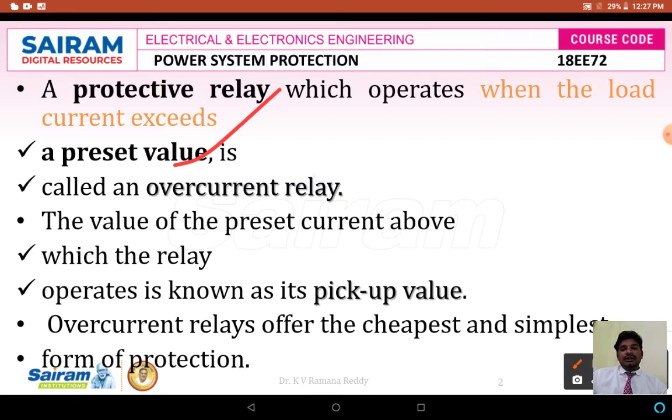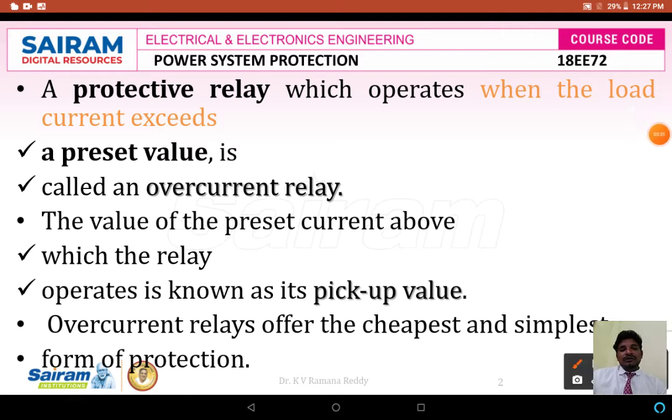Then the relay automatically gives a command signal to the circuit breaker to break the faulty section of the system from the healthy section, so as to protect the power system, its associated equipment and the load equipment from heavy currents. The value of preset current above which the relay operates is known as the pickup value.